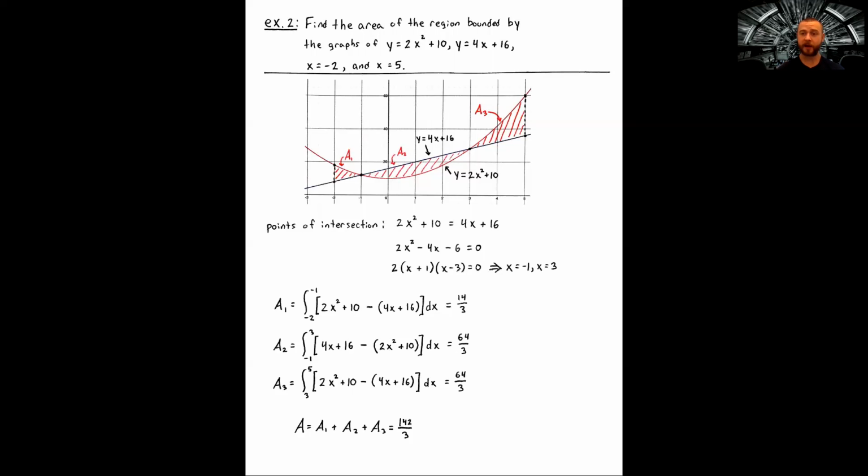But if you go through that correctly, you should get A1 evaluates to 14 thirds, A2 evaluates to 64 thirds, and A3 evaluates also to 64 thirds. That's a tedious calculation with fractions, but it completes the question, giving us the total area for the region bounded by those curves, 142 thirds.